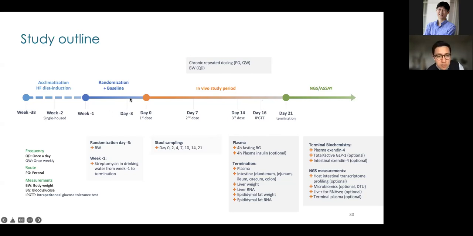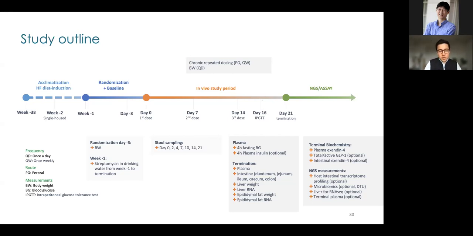And the antibiotic treatment that we give with streptomycin allows our streptomycin-resistant strain to robustly colonize in the mice.